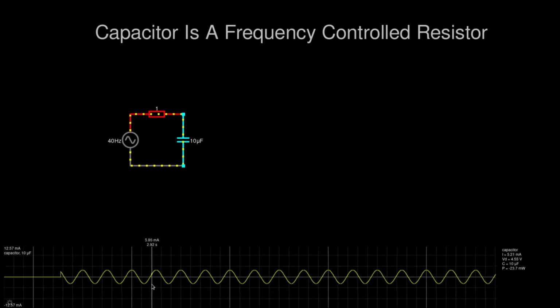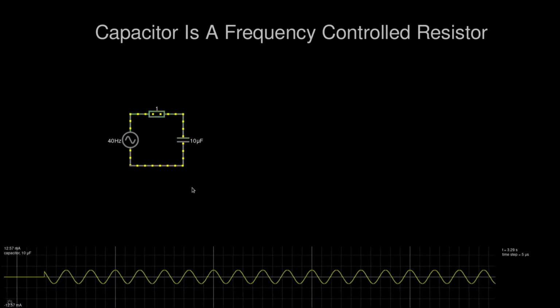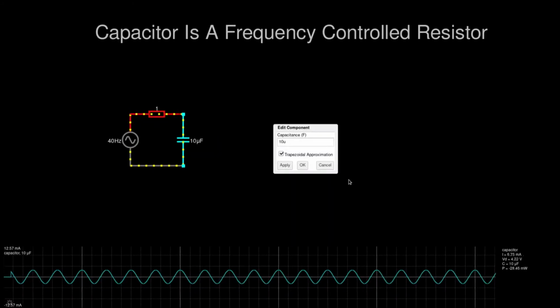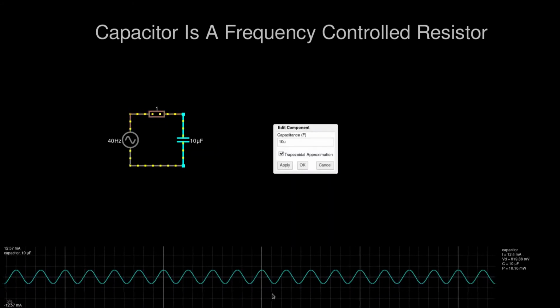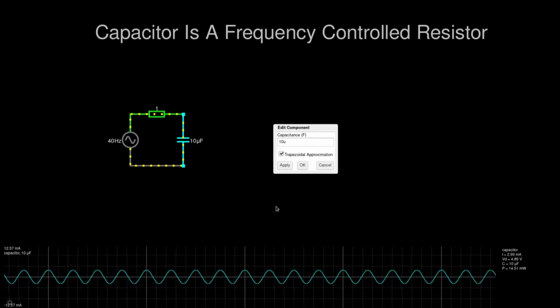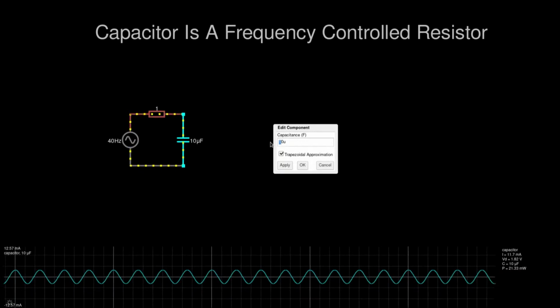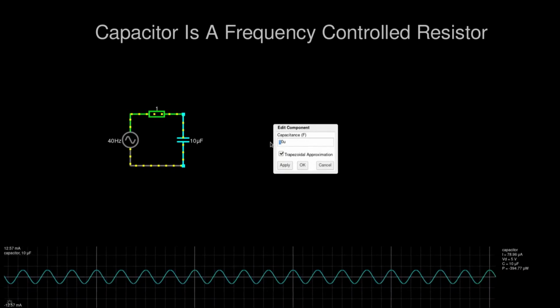So, according to that formula, we can change the resistance or the impedance of the circuit with the value of the capacitor. Let's change it from 10 microfarads to 20 microfarads.